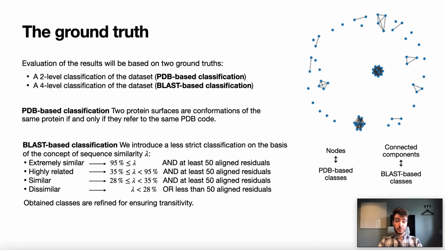The evaluation of methods proposed by the participants of this track is based on 2 ground truths. The first ground truth, which we will refer to as the PDB-based classification, is a 2-level classification of the dataset. In this ground truth, 2 surfaces are clustered together if they have the same PDB code in the Protein Data Bank repository.